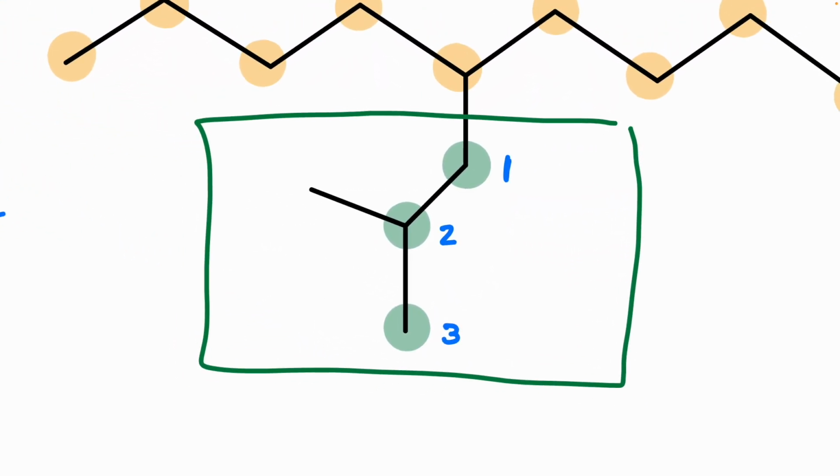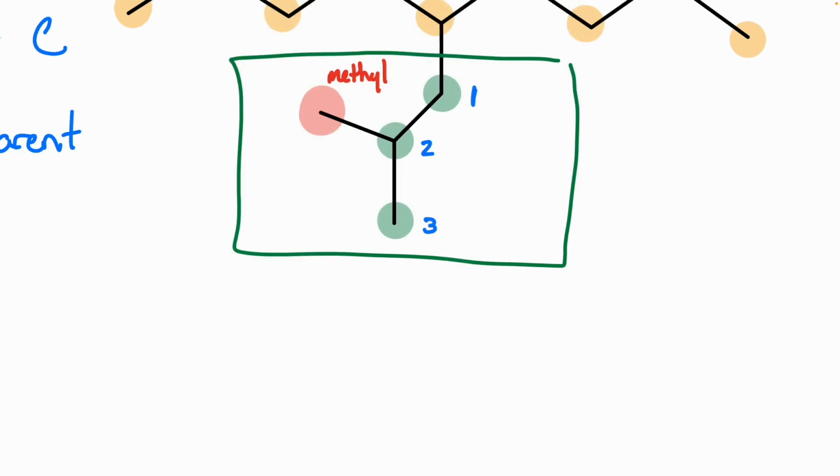Then this group sticking off here is like the substituent of the substituent, a 1-carbon methyl group, located on carbon 2 of our branched substituent. So my IUPAC name for the substituent is 2-methylpropyl. Notice that we keep the yl on the end because it's still not my parent chain.